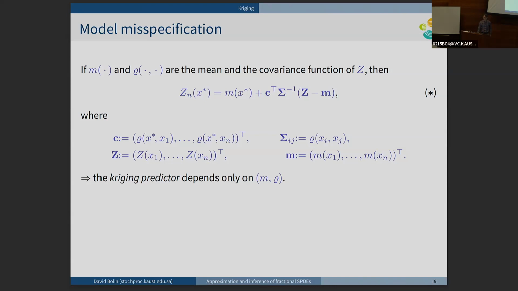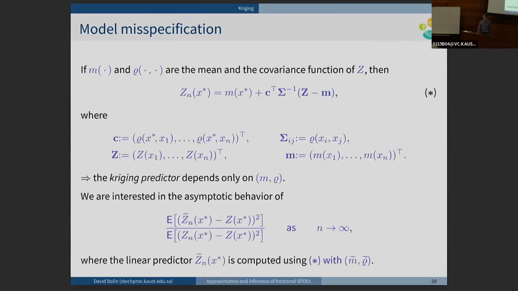To do that in general is quite difficult, but we can say something asymptotically. So what we will be interested in is essentially the asymptotic behavior of the error of the Kriging predictor based on the misspecified mean and covariance, compared to the optimal error, as the number of observations goes to infinity.